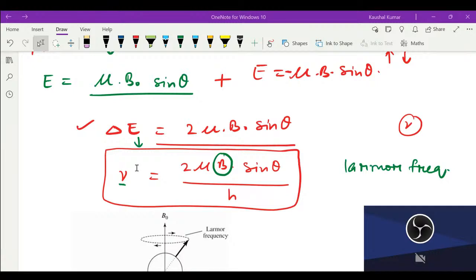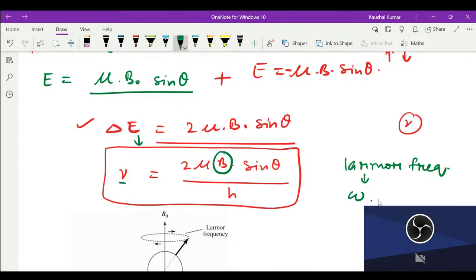The Larmor frequency is telling you the magnetic spin moment precesses around the axis of the external magnetic field by an angle theta, and rotates around the axis with a particular frequency that is called omega, and that is your Larmor frequency.